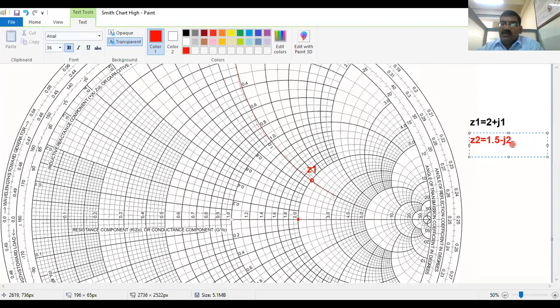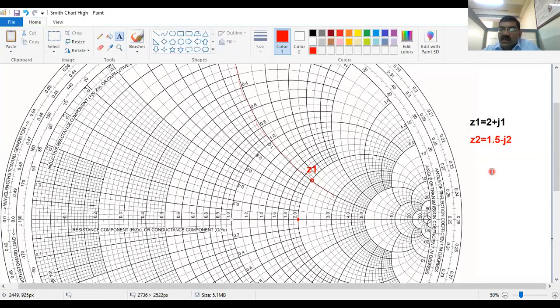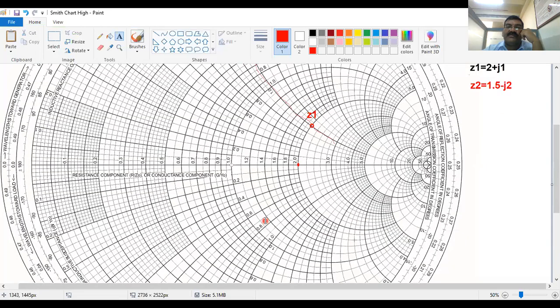Okay, let me change the color for this. Red will be visible. Now 1.5 minus j2. Where is 1.5? Here, you can go: this is 1, 1.2, 1.4, 1.6, and in between 1.4 and 1.6 there is one line. So this line is of 1.5.